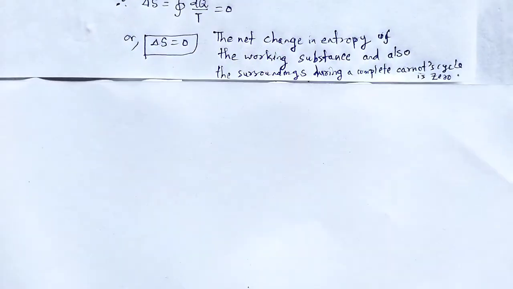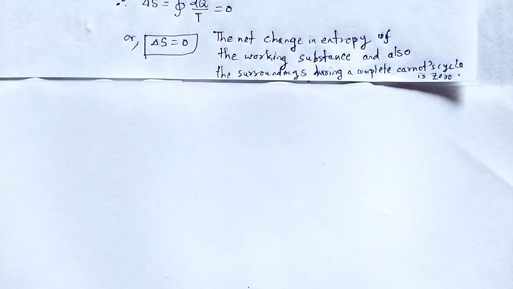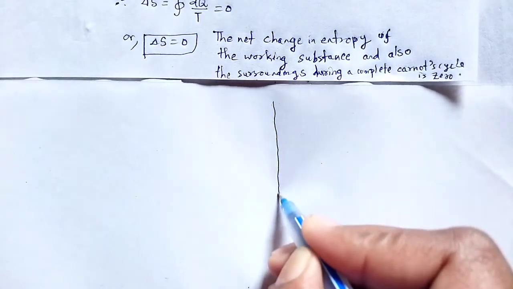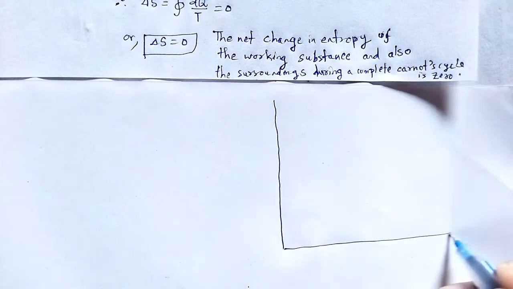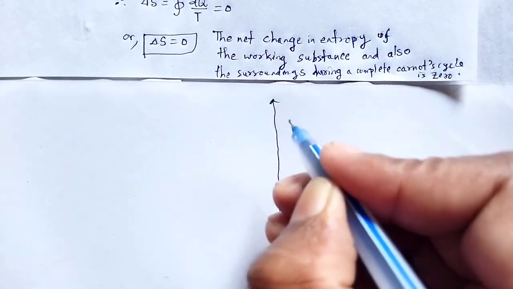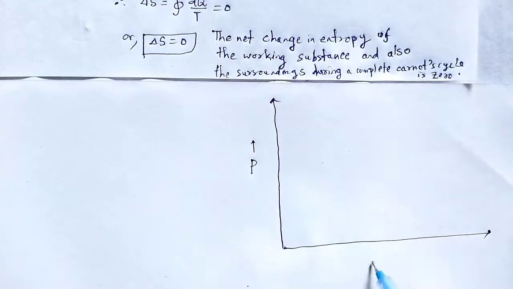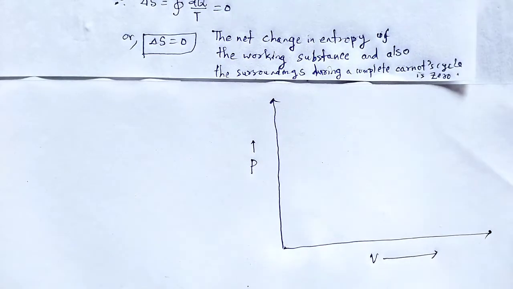To generalize that, we have to consider a reversible cycle which is made up of a number of elementary Carnot cycles. So let me take the PV diagram, with pressure on one axis and volume on the other axis.